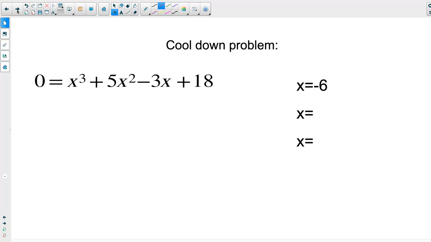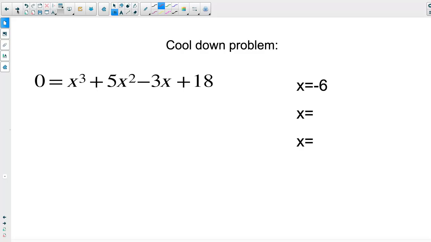All right, tell me something you know about this. What's given to you? Yeah, x equals -6. One of my solutions is given to you, okay?